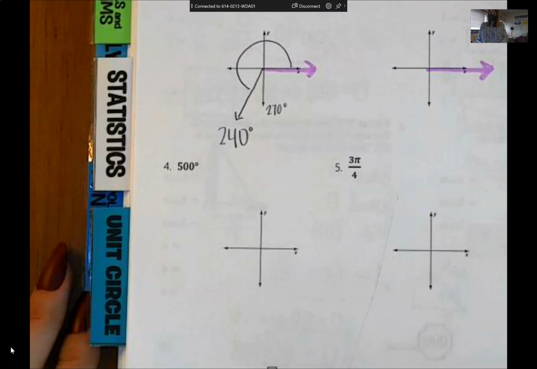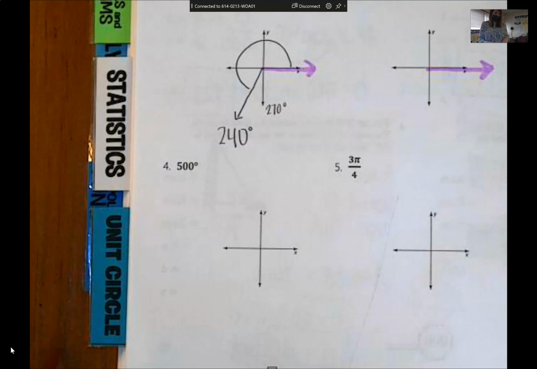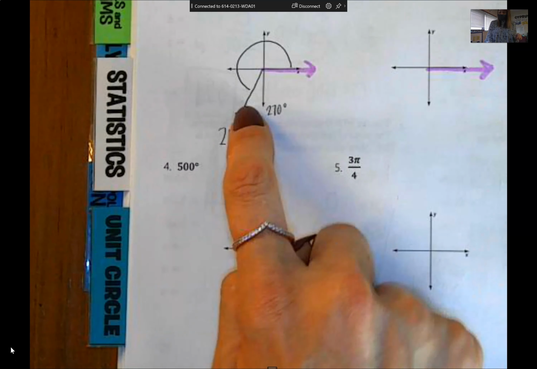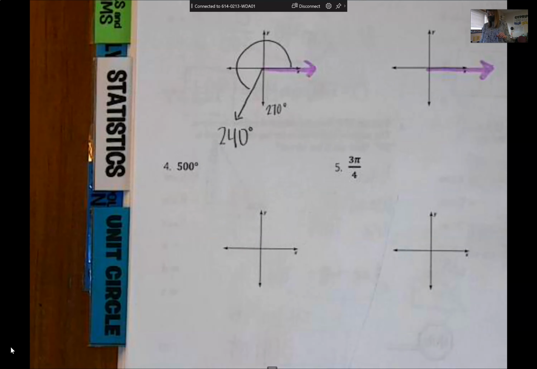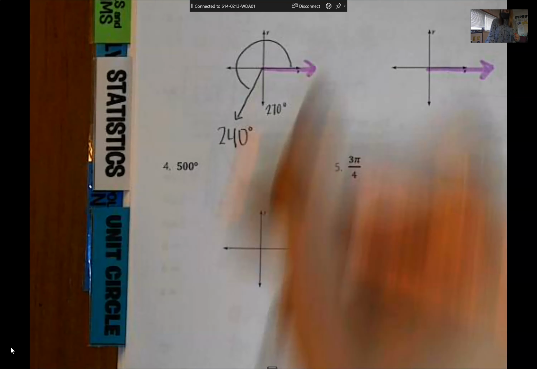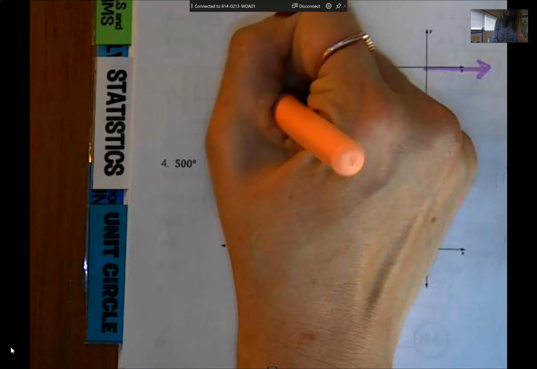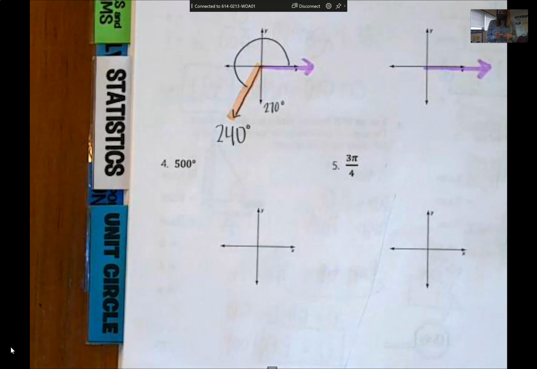Are you guys okay with that? Yes, no? Are you sure? Okay. This guy is the terminal side. It sounds like he's dying. It's a little sad. I'm just highlighting him a different color. This guy is the terminal side.